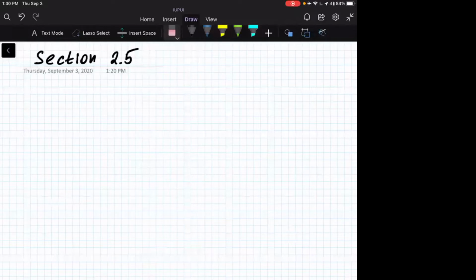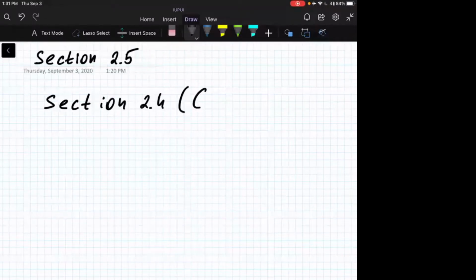Before going to the new section, 2.5, I would like to finish section 2.4. There is some topic that I wanted to cover, and it is called the derivatives as a rate of change.